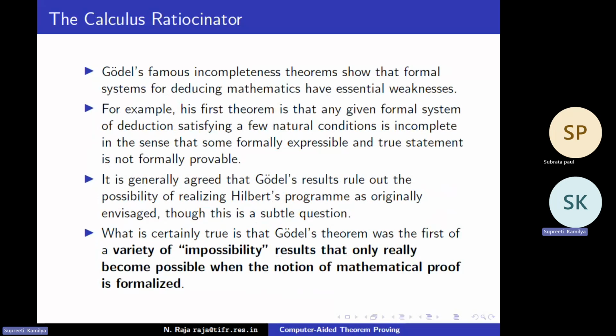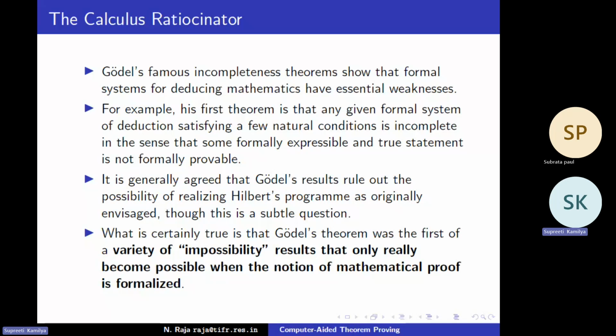Gödel showed that if you have a formal system of deduction which satisfies some very natural conditions, it turns out to be incomplete, in the sense that you can have something that you can write down very clearly, very formally, and it's a true statement, but nevertheless you'll never be able to prove it. So it's generally agreed that Gödel's results dealt a blow to Hilbert's program, as Hilbert had originally envisaged. But this is still something worth thinking about.